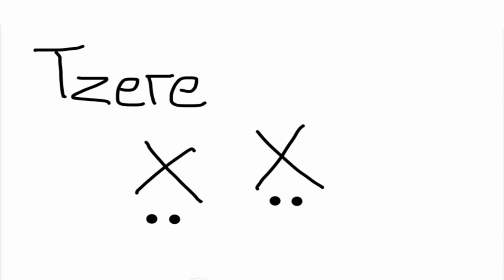Okay, there's your tsere. Let's just write it down. We're going to write it down first with a few X's, just to kind of get used to it. Let's write the name first. Tsere. Let's write it with X's. The X represents the letter, as you already know.